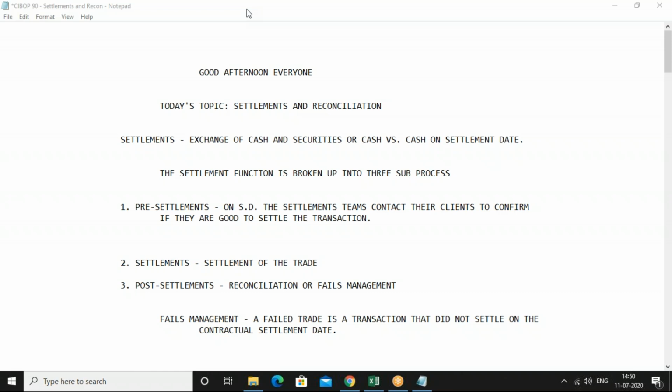Now, it is physically impossible to monitor every single trade and every single transaction, and it is impossible to double check 100,000 or 200,000 transactions. So what you do is you create a system.